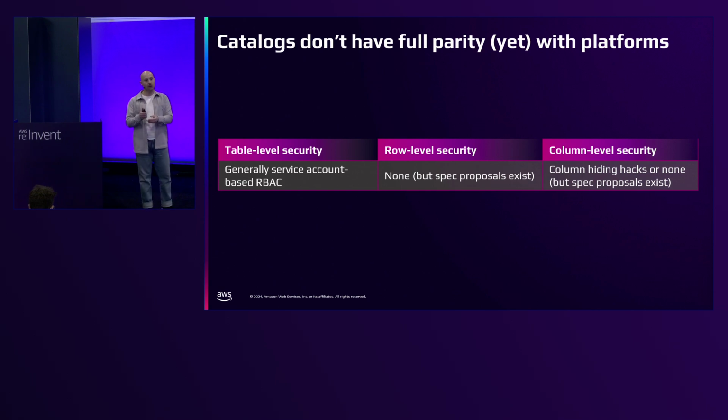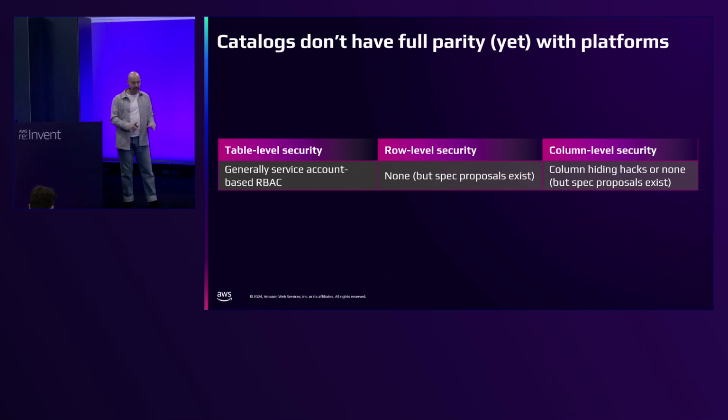Typically, what you're doing is passing a service account principal to be the one that the catalog bases authorization on. So it's not the role that you're currently writing the query on, and it's not the user who's currently logged into the query editor on whatever engine or the studio.